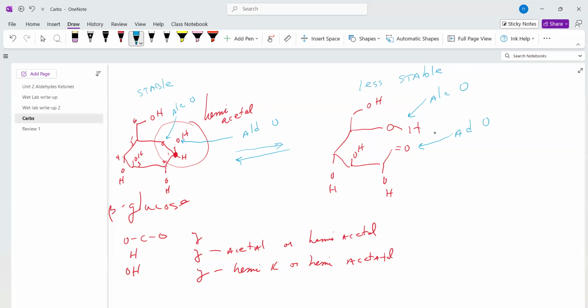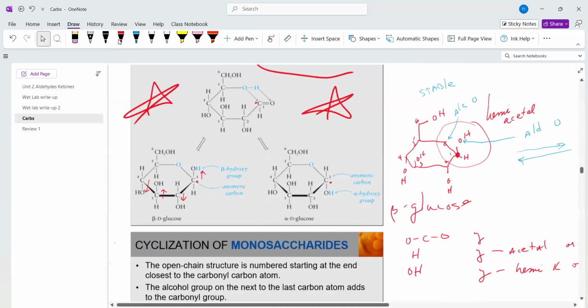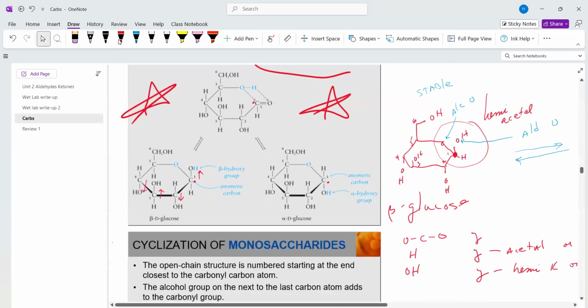Okay, so this is another really important point, star time. And once it's opened up, then it can fall back into an alpha or beta form.